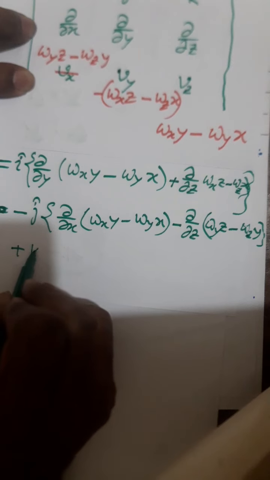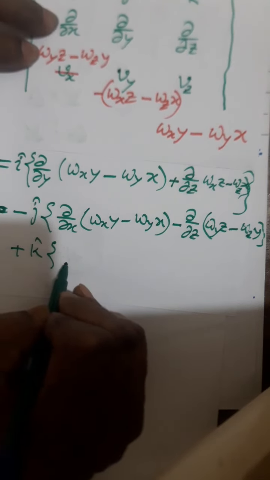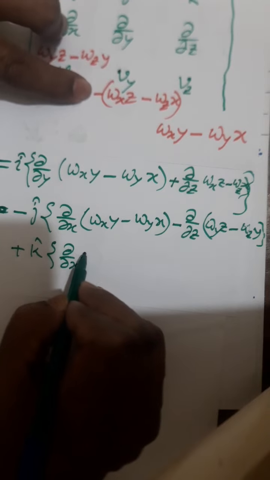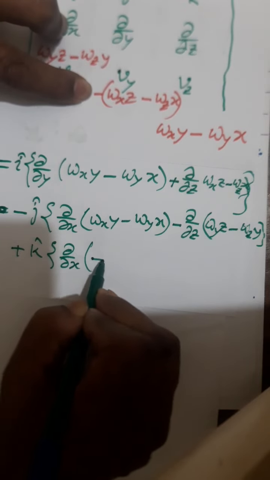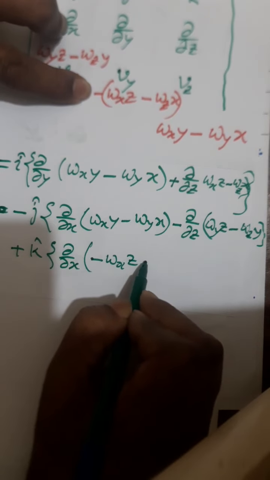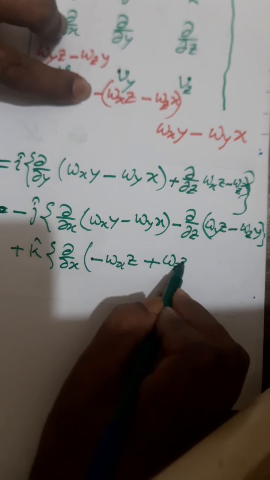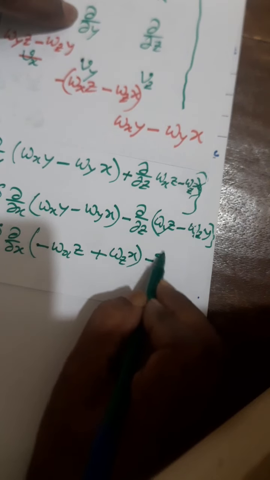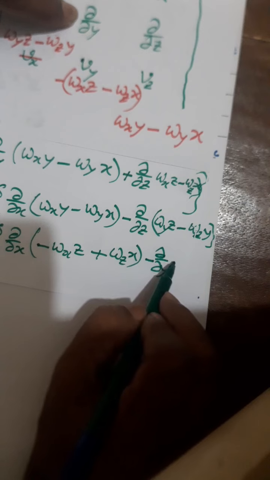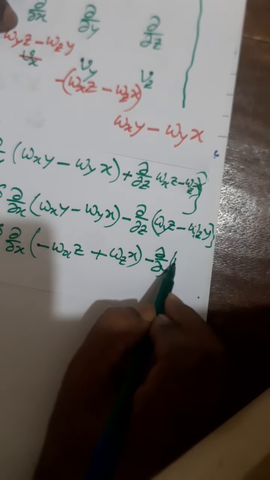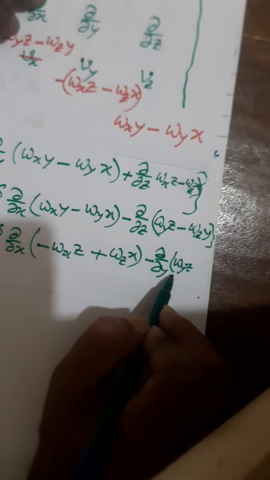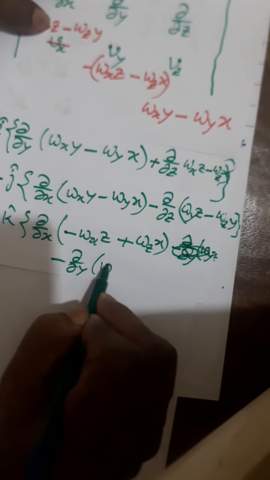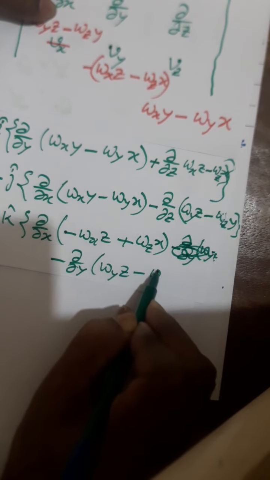Plus k into [del by del x (minus omega x z plus omega z x) minus del by del y (omega y z minus omega z y)].